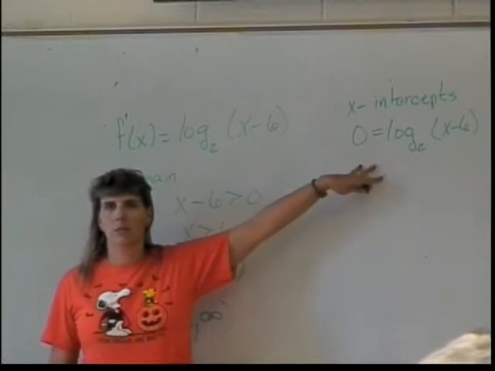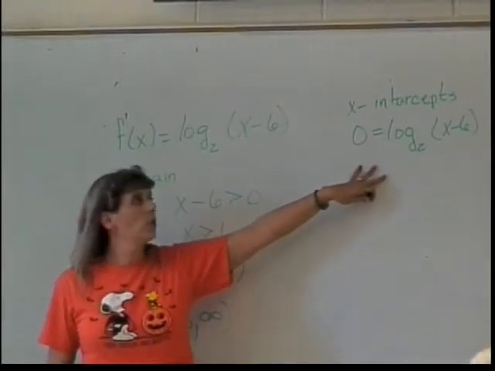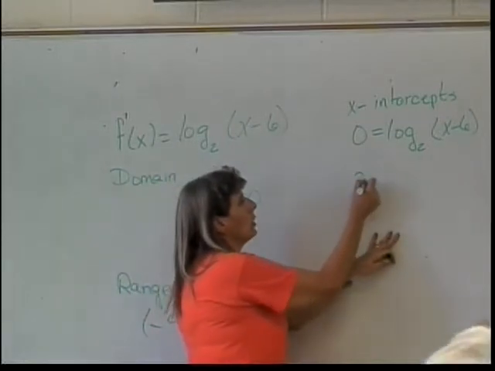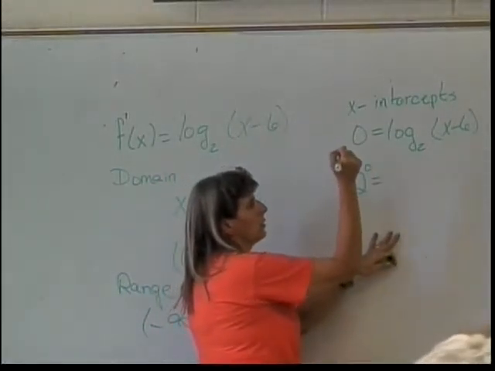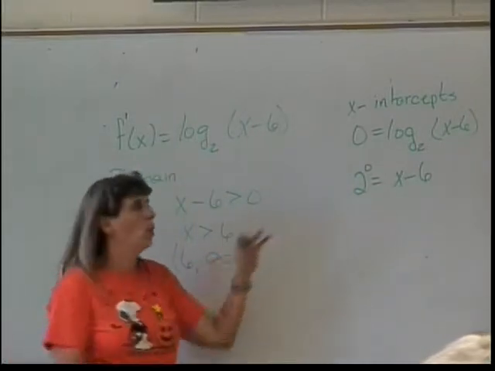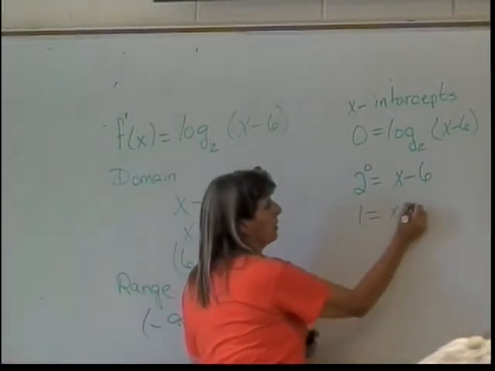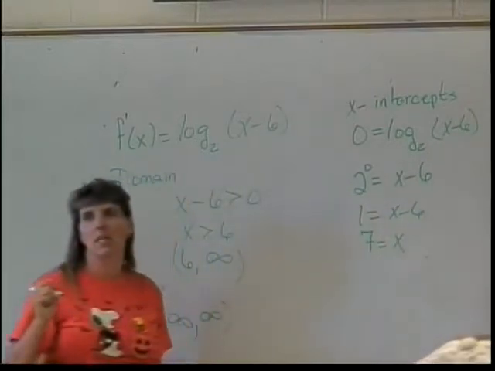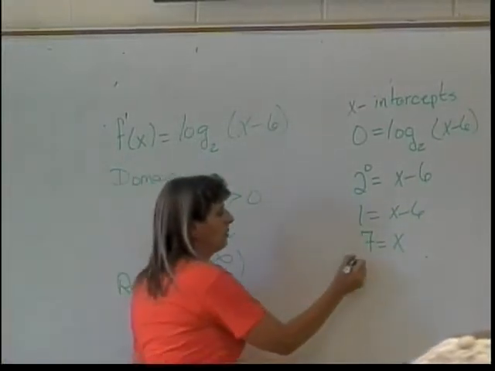How do I solve this? Change to exponential form, which will turn out to be 2 to the 0 equals x minus 6. Anything raised to the 0 is 1. So 1 equals x minus 6. That means 7 equals x. So my x-intercept is 7, 0.